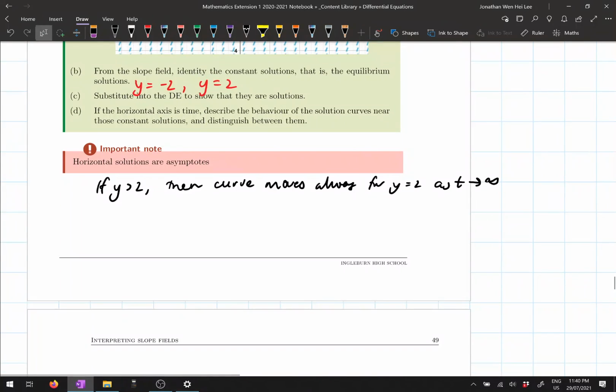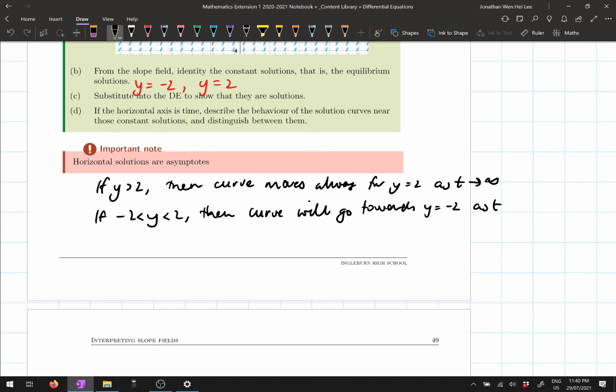So if y is between negative 2 and 2, the curve will go towards y is equal to negative 2 as time goes to infinity. So y goes to negative 2 as t goes to infinity.